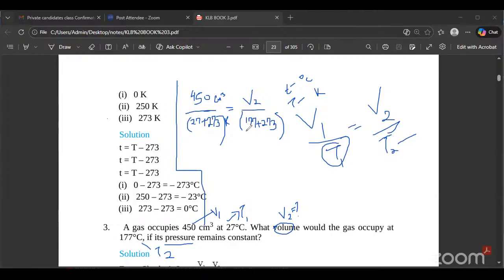I close the bracket again and it is in Kelvin. And then I cross multiply this one by this one and this one by this one. So 27 plus that one, is it 300? I think it is 300. So you have 450.